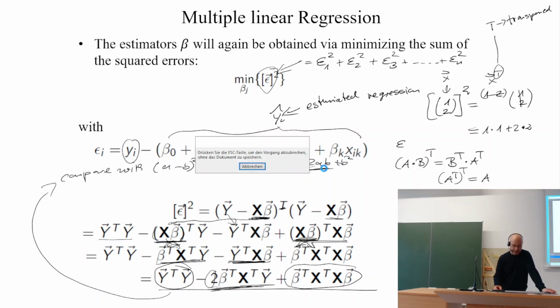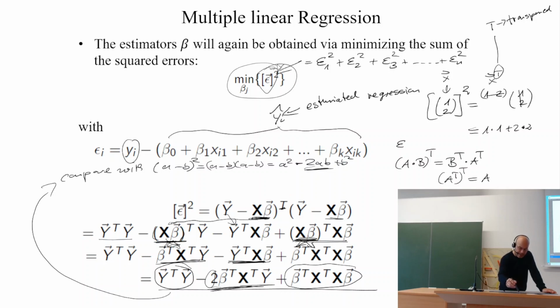Well, and now we want to minimize this. This means we take this formula and now we want to vary all numbers of betas, and we want to fix beta at these numbers such that this term, the sum of the squared errors, will be minimized.